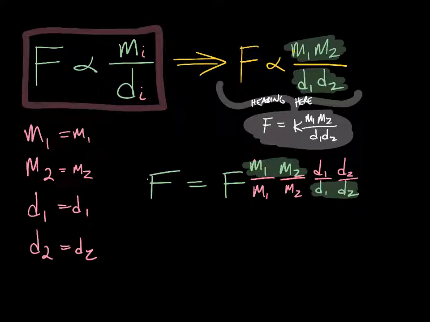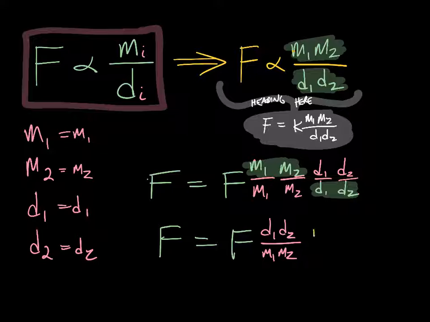So I would write force equals force, and I'm going to bring over the D1, D2 that's over there and put them over mass 1, mass 2. And then I'm going to bring in over here M1, M2 over D1, D2.